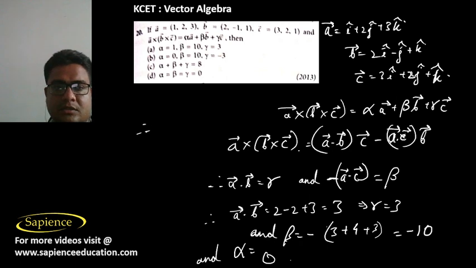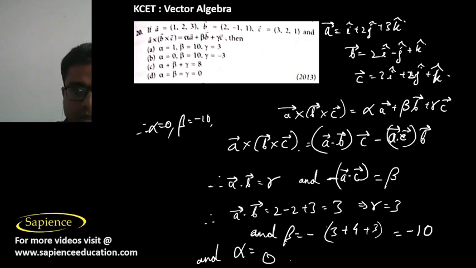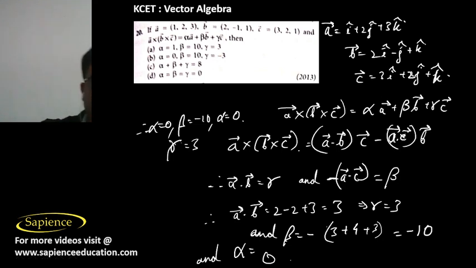Therefore the final answer is alpha is 0, beta is minus 10 and gamma is 3. Means that option B is the correct answer.